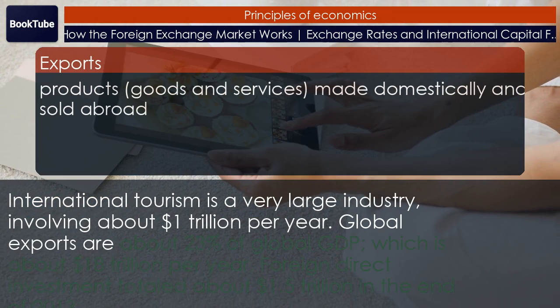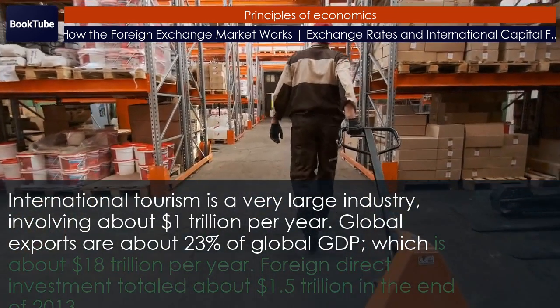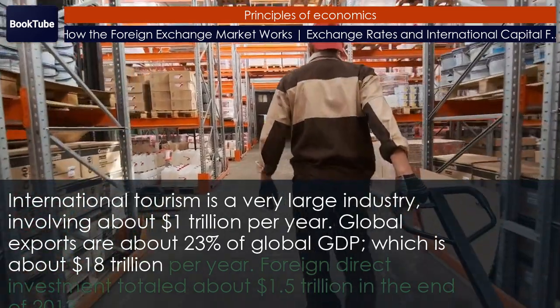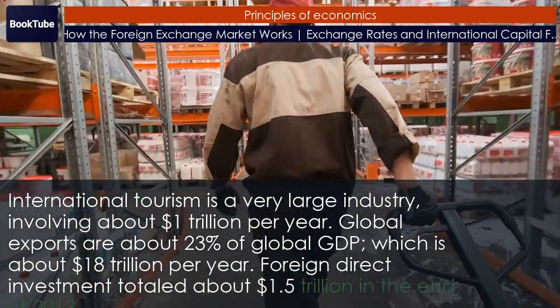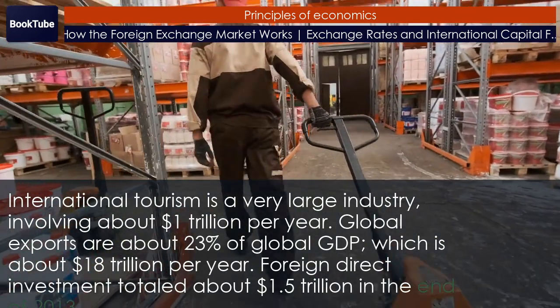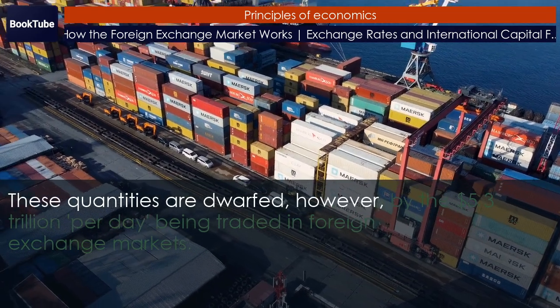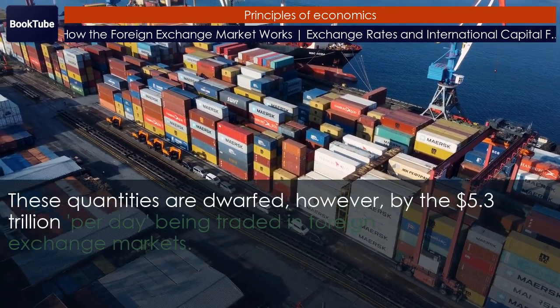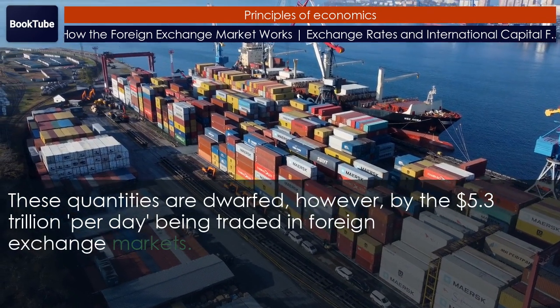Global exports are about 23% of global GDP, which is about $18 trillion per year. Foreign direct investment totaled about $1.5 trillion at the end of 2013. These quantities are dwarfed, however, by the $5.3 trillion per day being traded in foreign exchange markets.